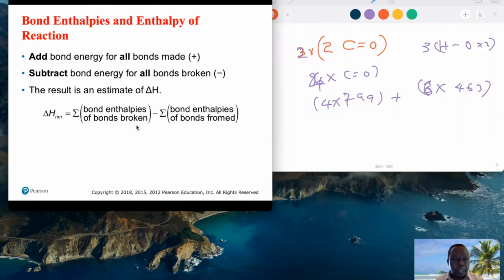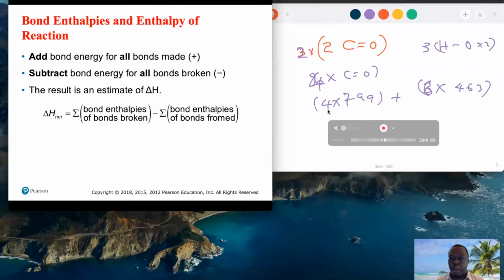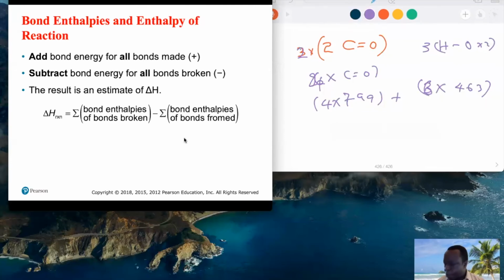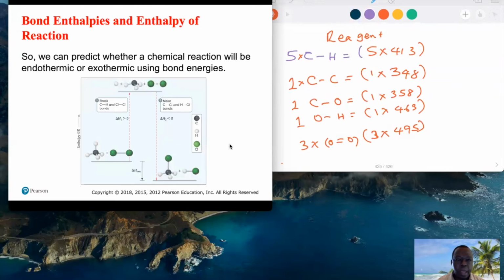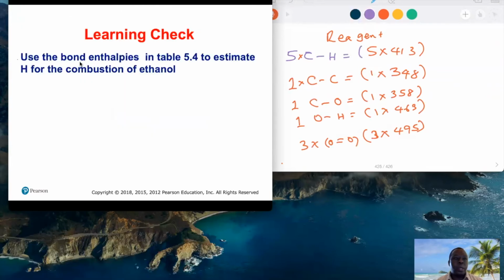That means the bonds broken are on the reactant side. We are forming bonds on the product side. So I'm just going to add all these for the product, put it right here. For the reagent, which I do have here, I'm just going to put it here to calculate the bond enthalpy for the reaction.